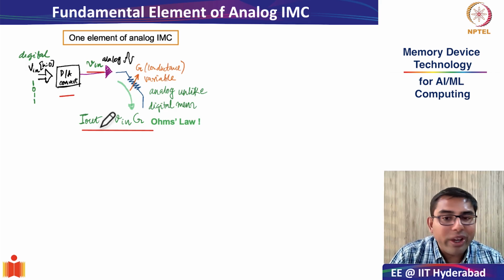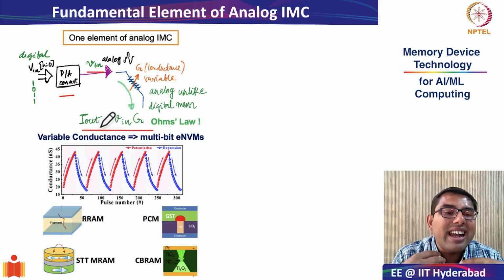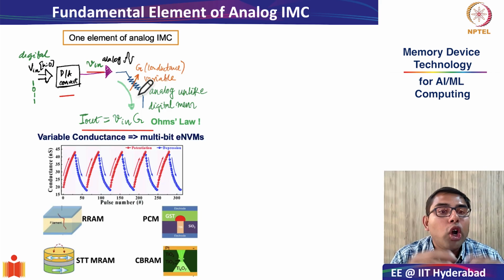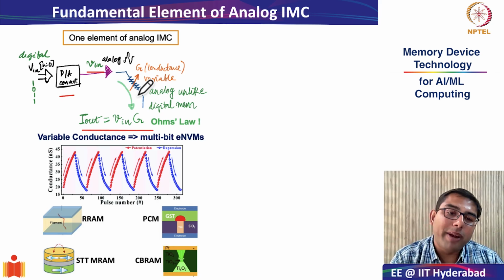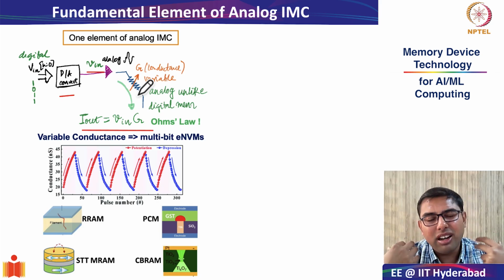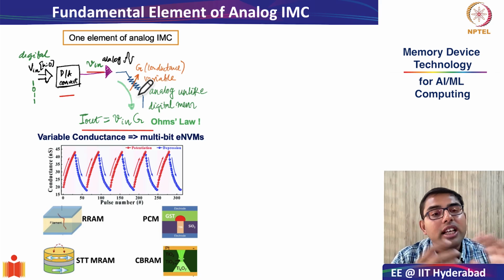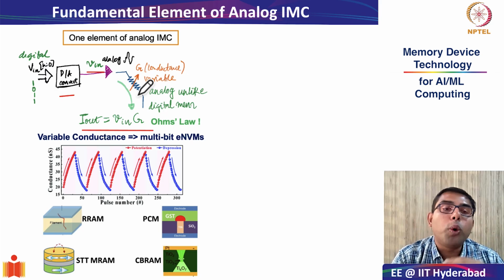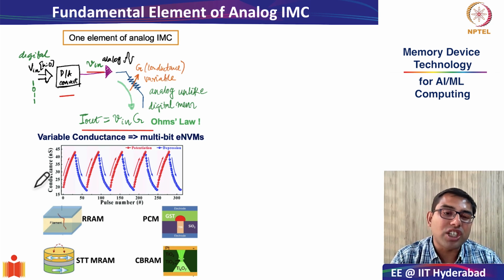If you have been following this course very well, you can easily guess what could be an ideal system to implement these variable conductances. We have discussed in ad nauseam detail that these variable conductance states could be your multi-bit electronic non-volatile memories, and the way to tune the conductance of these states is through these potentiation and depression measurements.